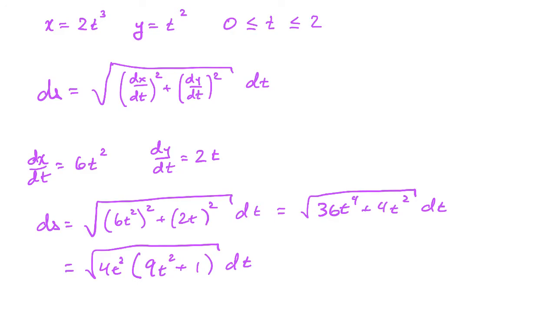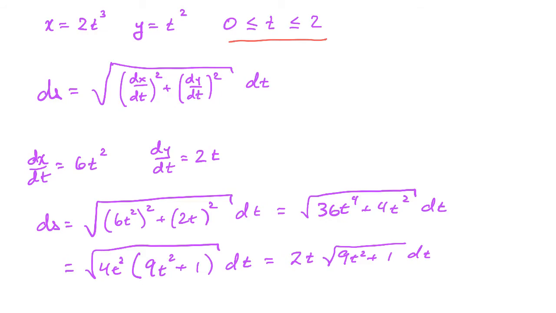Now our values for t will be between 0 and 2. And since our values for t are positive, when we take the square root, we don't need to worry about positives or negatives. We'll just have positive values. So we'll have 2t times the square root of 9t squared plus 1 dt.